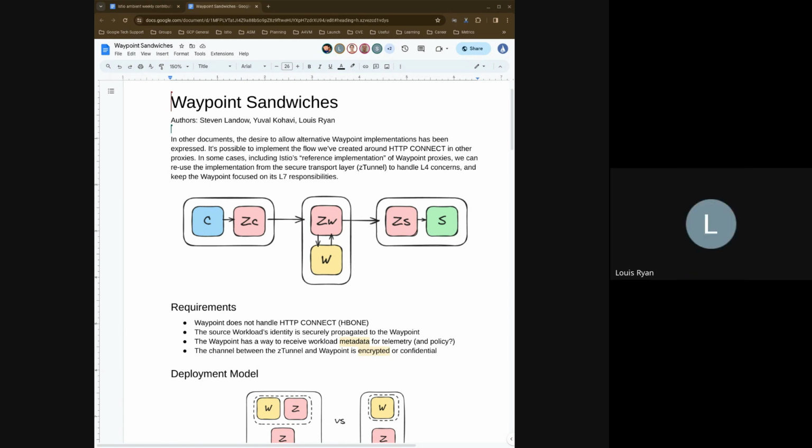The only other additional case doesn't really have anything to do with delegating up to the waypoint or passing the information. The easiest way to pass metadata from z-tunnel to waypoint is to use WDS's metadata mechanism and just encapsulate that in TLV.